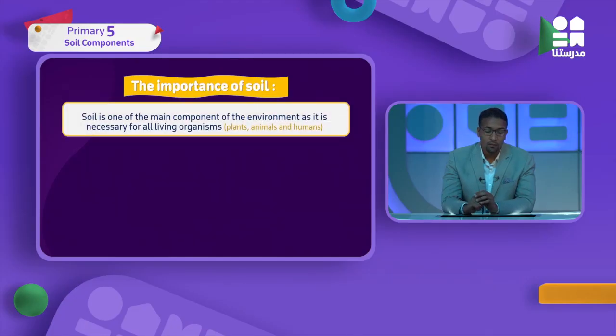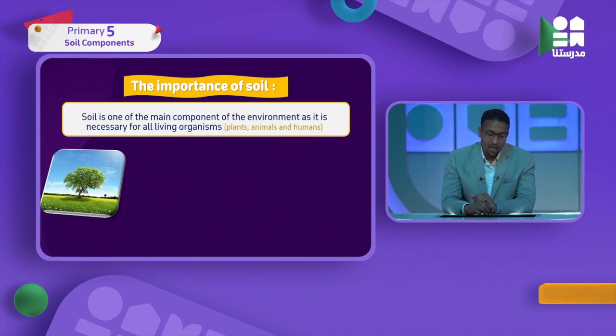Soil is one of the main components of the environment, as it is necessary for all living organisms, necessary for plants, necessary for animals, and also necessary for other living organisms, and finally it is important for us as humans. So it is necessary for plants, like this tree needs soil. Why? To absorb water and mineral salts from the soil.